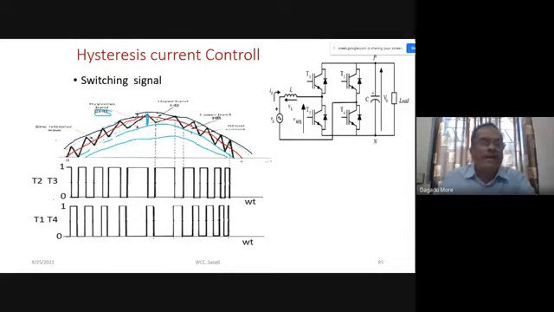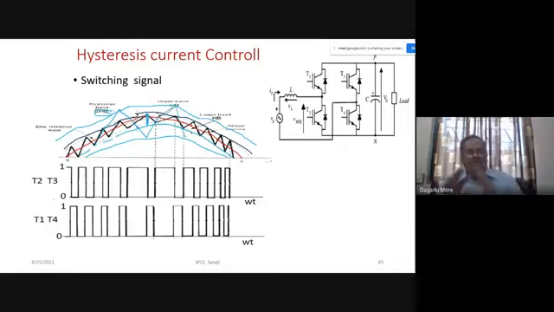If I increase the band like this, then our rate is the same, so we require more time to reach the limit, and again this time. So is it clear? The switching frequency will be low when the hysteresis band is high.